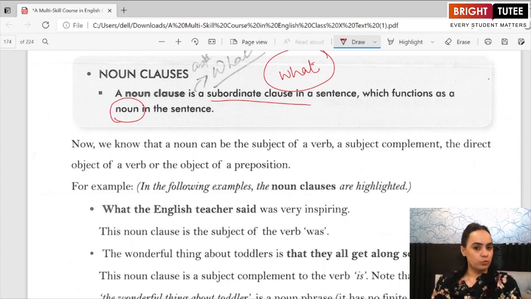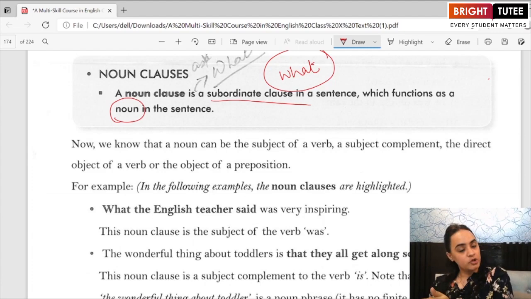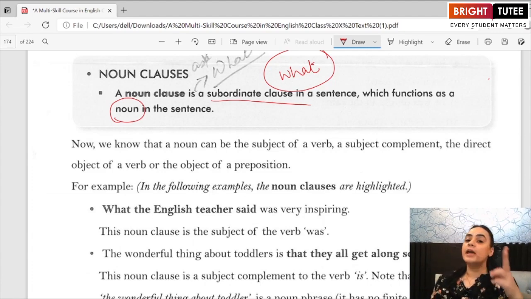What is a noun? We have all learned about noun. A noun can be the name of a person, a place, an animal, or a thing. Anything which is being talked about in the sentence is basically my noun. Also, the noun can either take the position of a subject in the sentence or the position of an object.